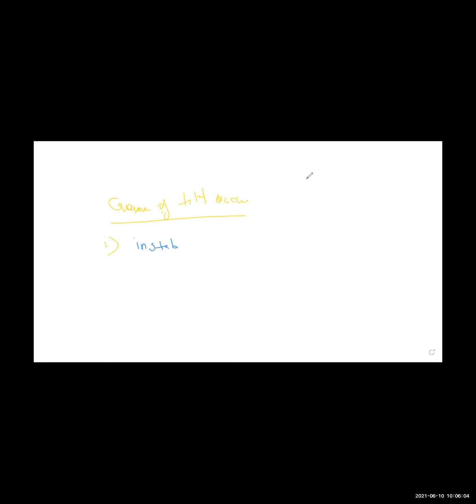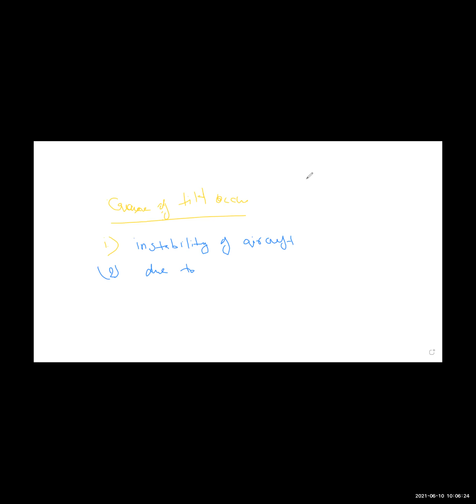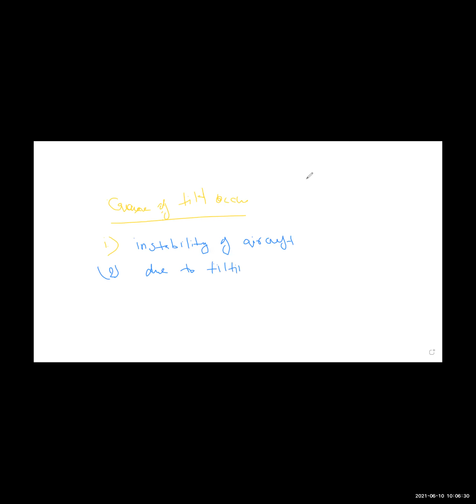In that condition, tilt may occur. Second condition may be due to tilting of the aircraft along the flight line or perpendicular to the flight line.